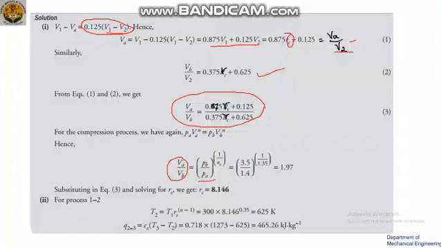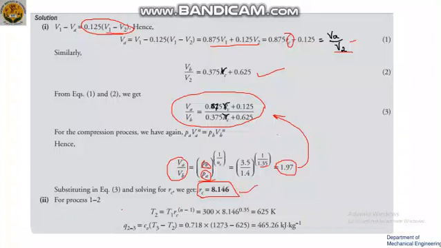PB and PA are given, and n will be 1.35 because it is a compression process governed by the law PV to the power 1.35 is equal to constant. You will calculate VA by VB, that will be 1.97, and put back the value of VA by VB in equation 3. Solve for RC. RC will be 8.146. Now you have found the compression ratio.